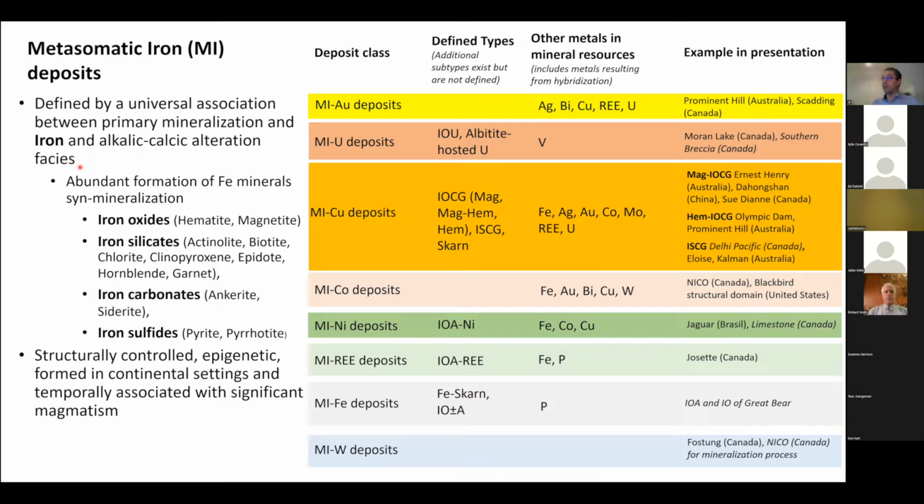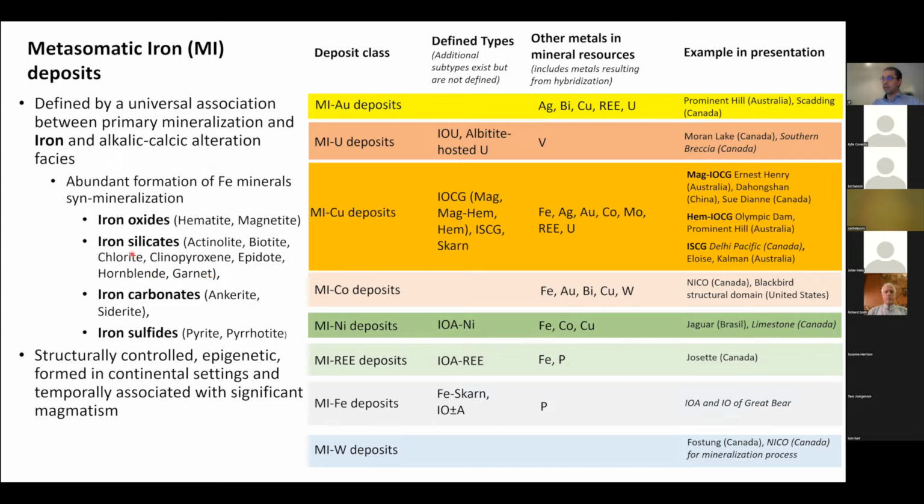So in order to have a metasomatic iron deposit, we need to have an extremely strong or abundant formation of iron minerals that occur in mineralization. Iron minerals can mean iron oxides, so hematite and magnetite, but this can also mean iron silicates, and there's a wide diversity of iron silicates that are possible.